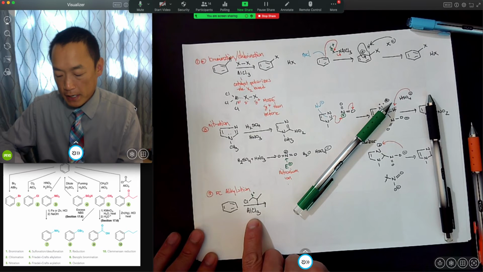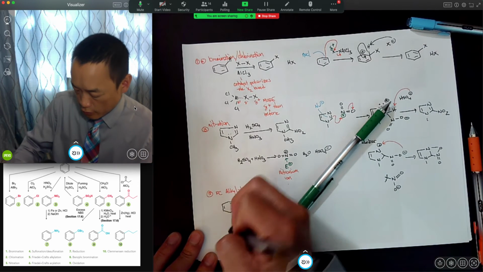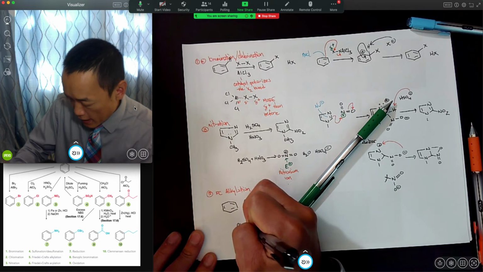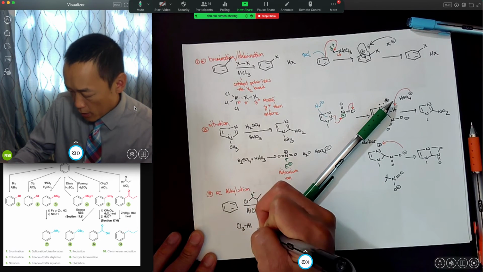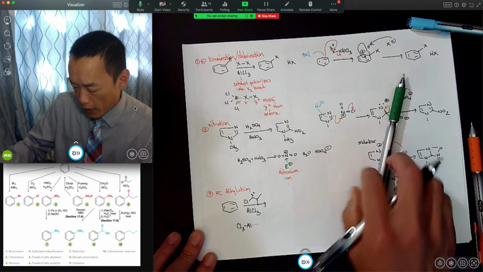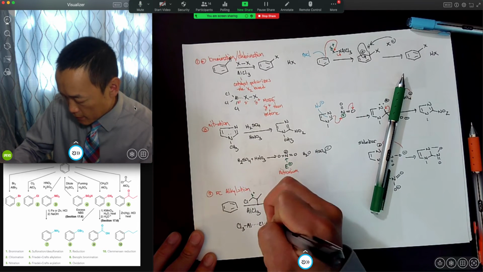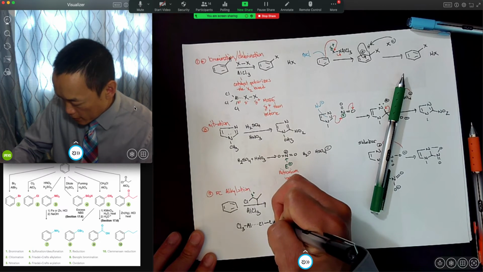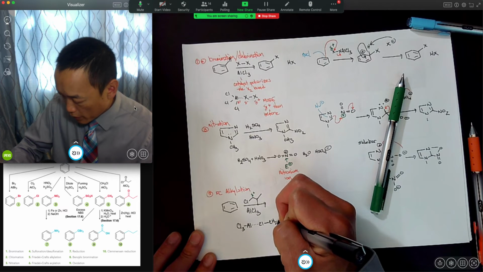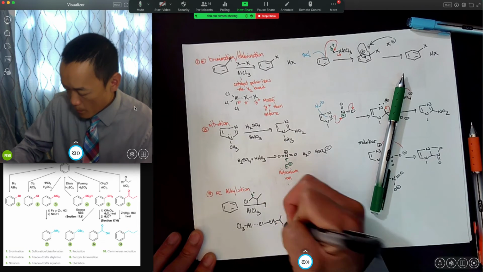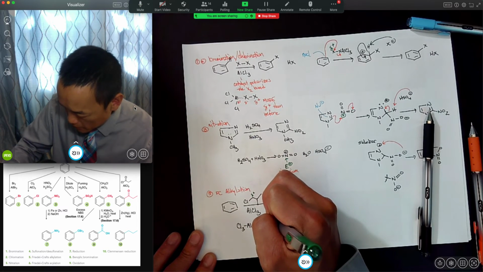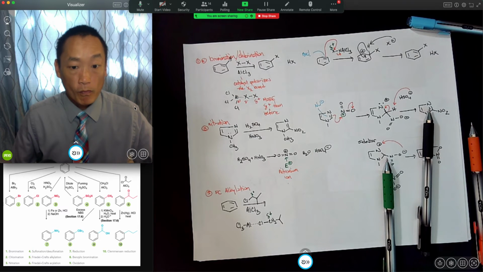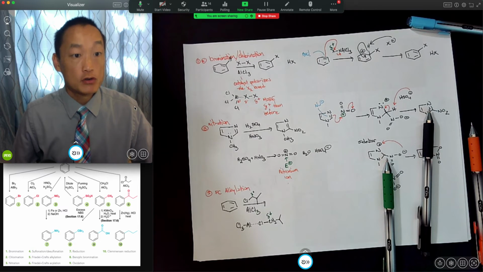So fundamentally then, this AlCl3 is going to behave in a manner that we have seen before, polarizing this carbon-chlorine bond to make this carbon more partially positive, so it is more attractive to that electrophile.